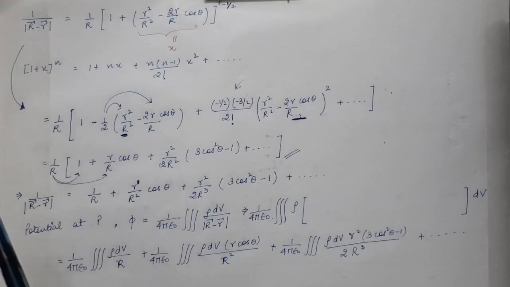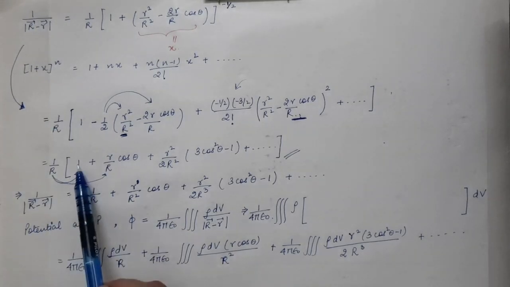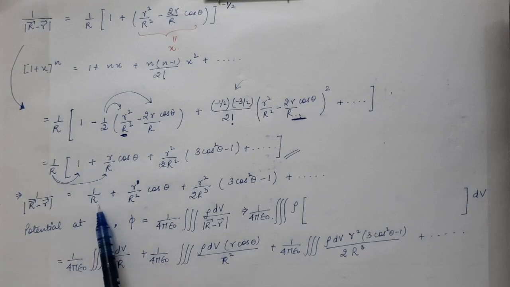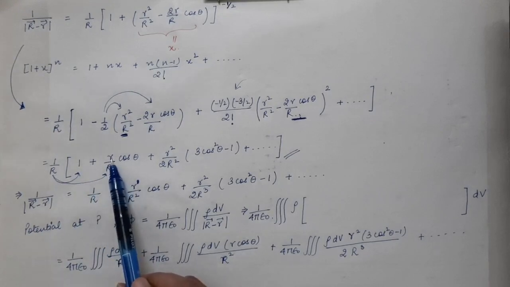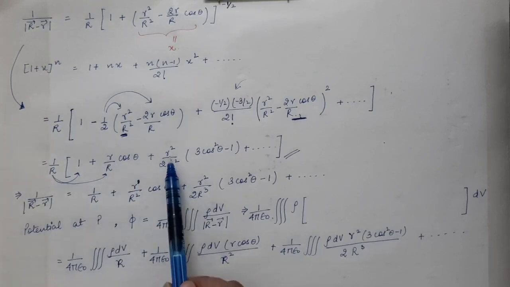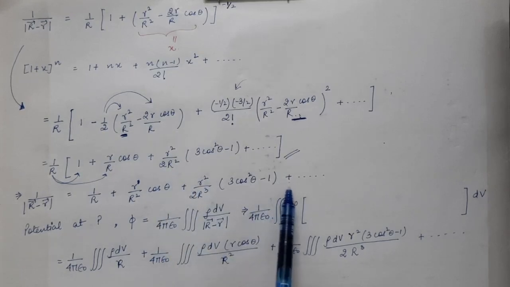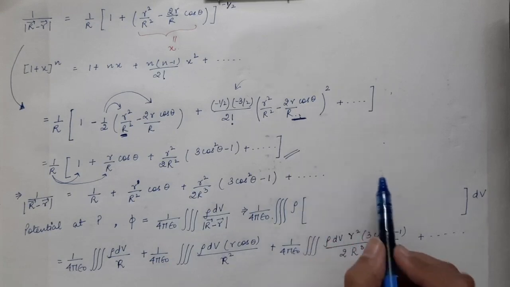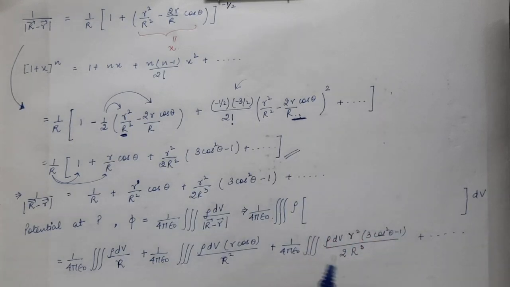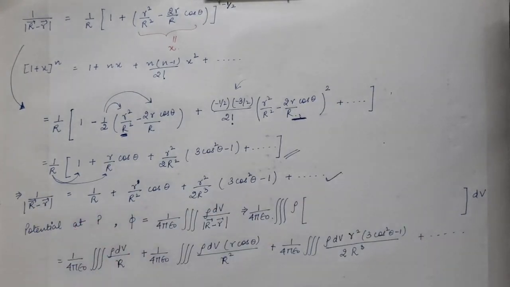So this 1 divided by magnitude of capital R vector minus small r vector will come out to be equal to: the first term is 1 divided by capital R, the second term is small r divided by capital R square into cos theta, then the third term is small r square divided by 2 capital R cube into 3 cos square theta minus 1, and you will get other higher order terms. Now this is the final result of 1 divided by capital R vector minus small r vector.